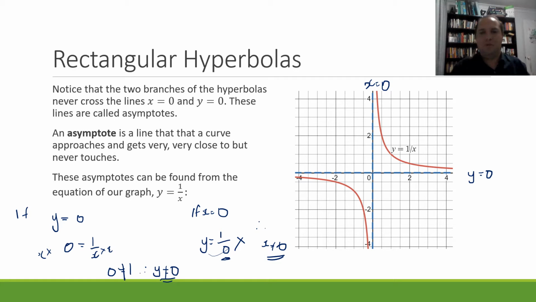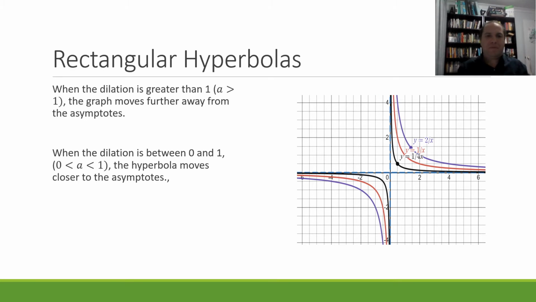That's just not possible. Alright, so when the dilation is greater than 1, so a is greater than 1, the graph moves further away from the asymptotes. So that's what's happening with this purple line here at the end. It's moving further away from our blue asymptote lines compared to the red one, which is just 1 over x. So that purple one has a dilation of 2.